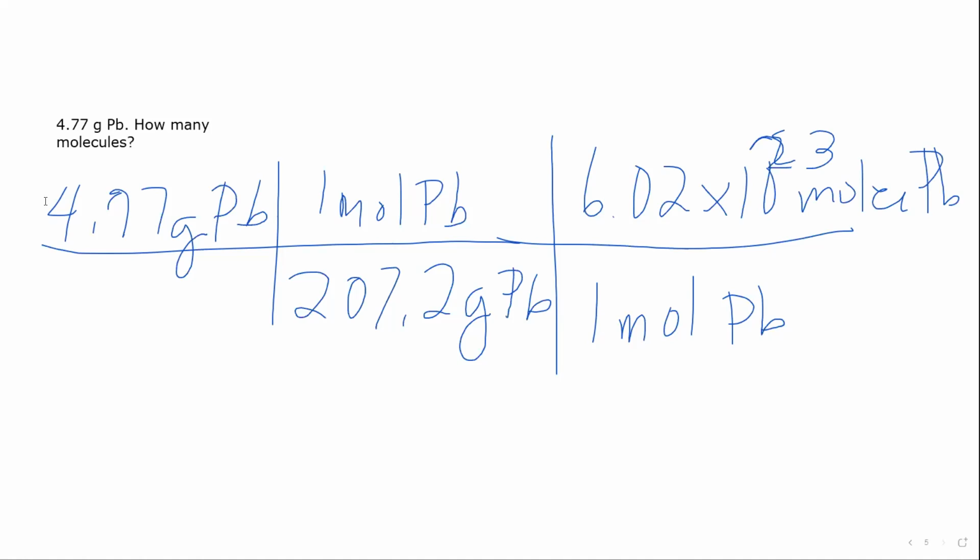It's 4.77 times 6.02 E23, equals, and then you divide by 207.2. And look, grams of lead cancel, moles of lead cancel, and we end up with what they asked us.